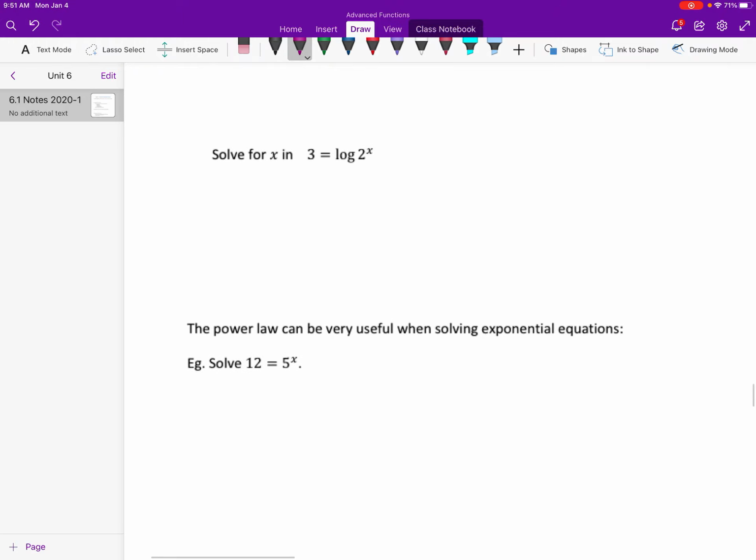All right, let's solve for x here in 3 equals log 2 to the power of x. For this one, notice that this is the power law of logarithms, so we can move this out in front. So we got 3 equals x times log 2. And if you're trying to get x by itself, we're going to divide both sides by log of 2.